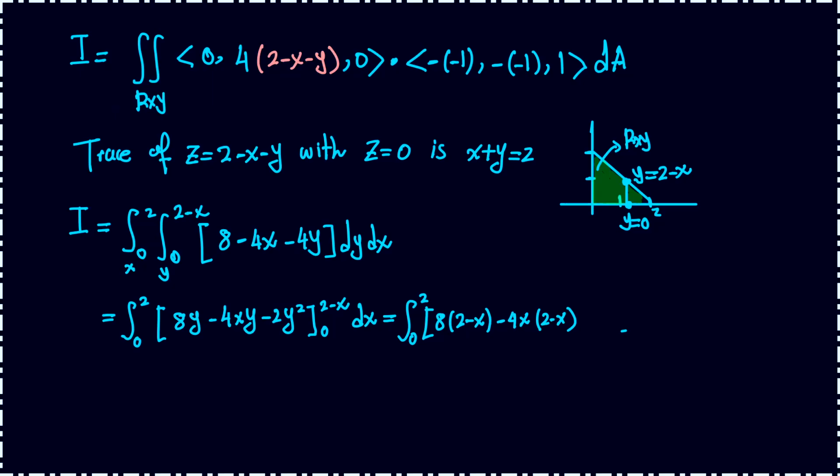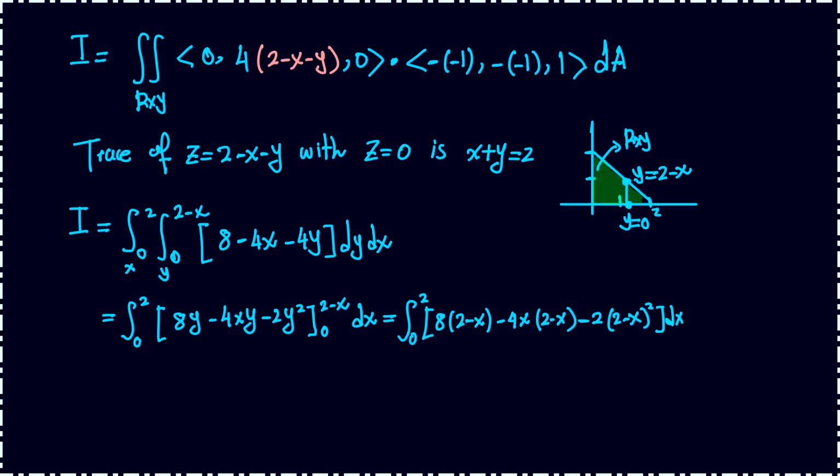And then the last term is minus 2 times y of 2 minus x squared.